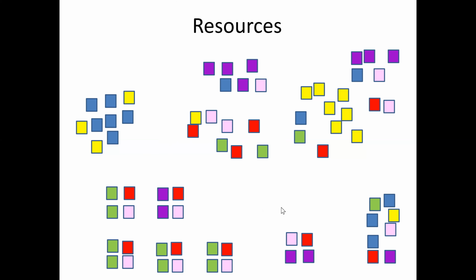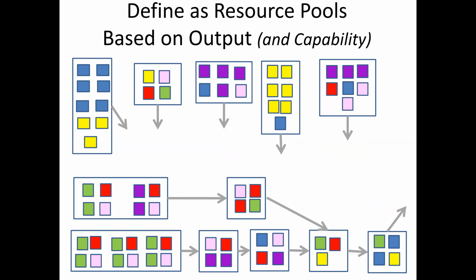So the first step is to organize the resources into articulatable resource pools in a logical manner. And the arrows are meant to reflect that you're looking at where those resource pools provide their output as support.